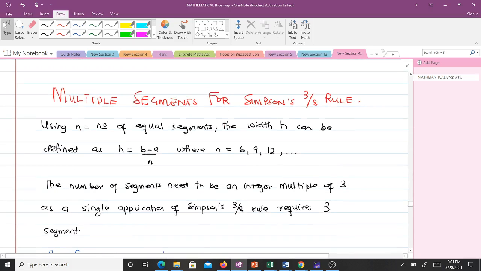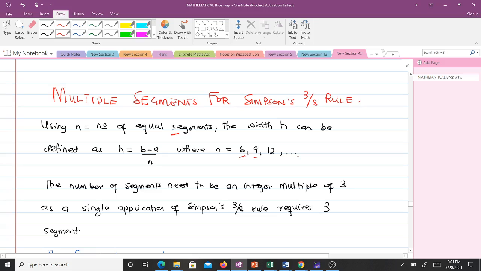So the multiple segments for the Simpson's 3/8 rule. Okay. So using n, which is equal to the number of equal segments, and with h, we can define h to be b minus a over n, where n, I said, is 6, 9, 12, going on. Okay.